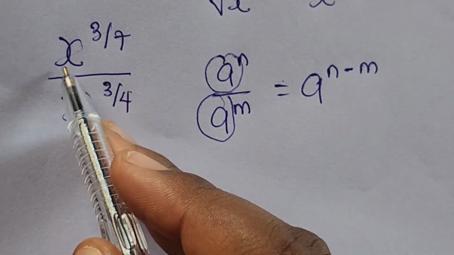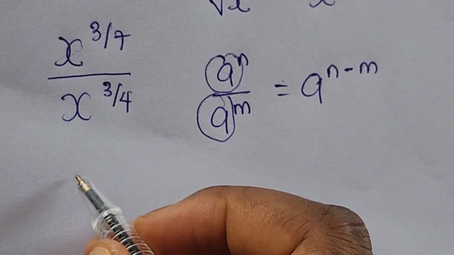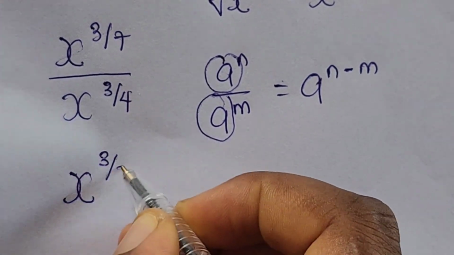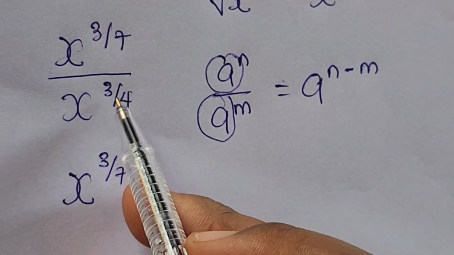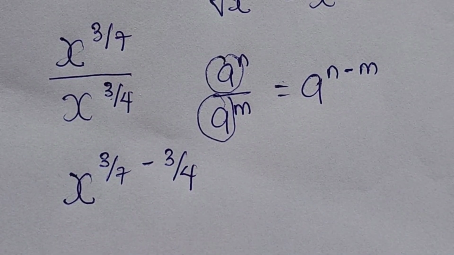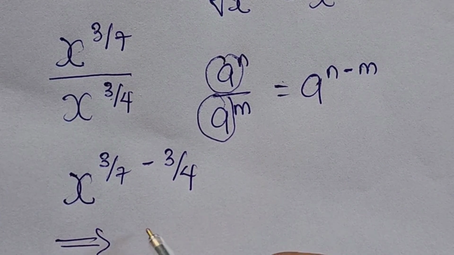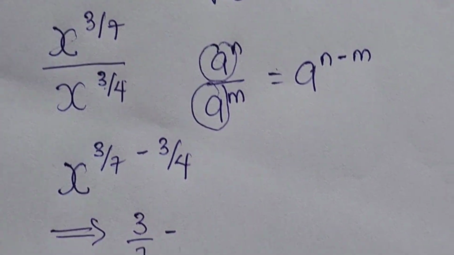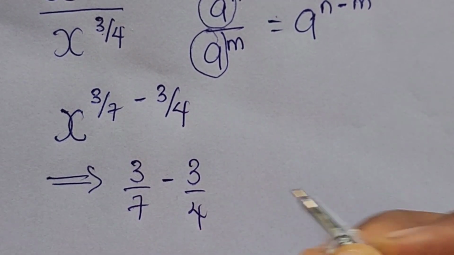So we have our x as the base. We have x to the power of 3 over 7 minus 3 over 4. So resolving this fraction, we have 3 over 7 minus 3 over 4.